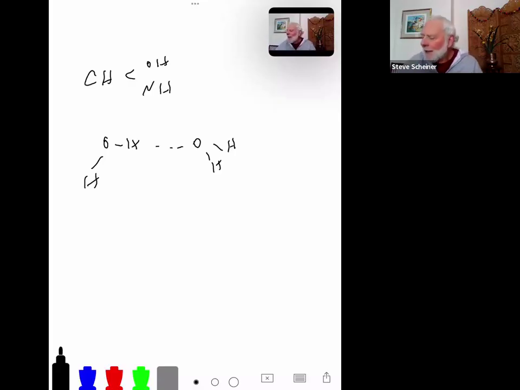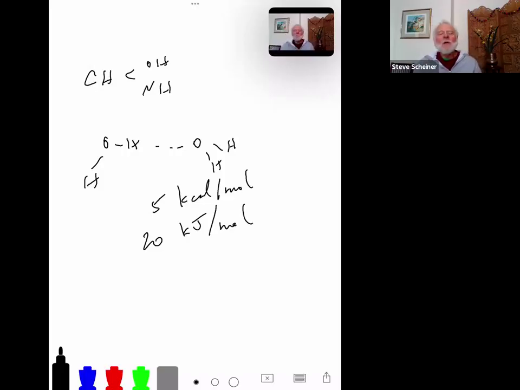And this interaction energy is 5 kilocalories per mole. For those of you who deal with other units, this would be 20 kilojoules per mole. So this 5 is kind of the standard, the reference. If something is up to 4 or 5 kilocalories, or even 3, we would consider that a substantial hydrogen bond. It's not the limit on hydrogen bonds, they can be stronger.